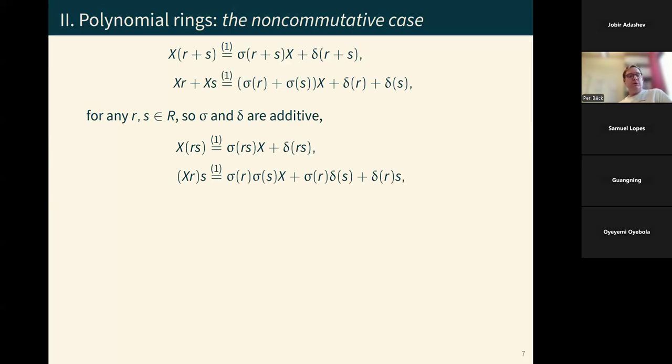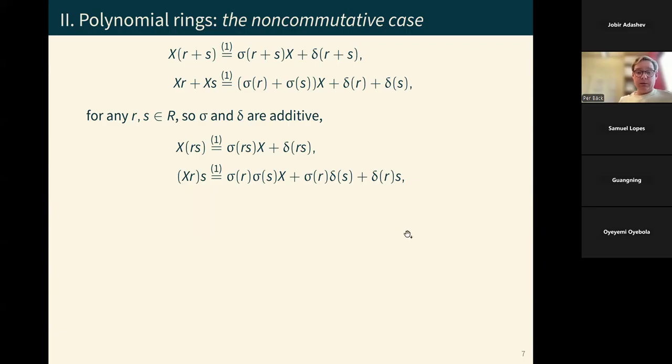So this ring should now also be associative. So we use again this rule, rule number 1, and we compute these two expressions. We compare them, and when we again compare coefficients, we see that this sigma actually has to be an endomorphism, right?